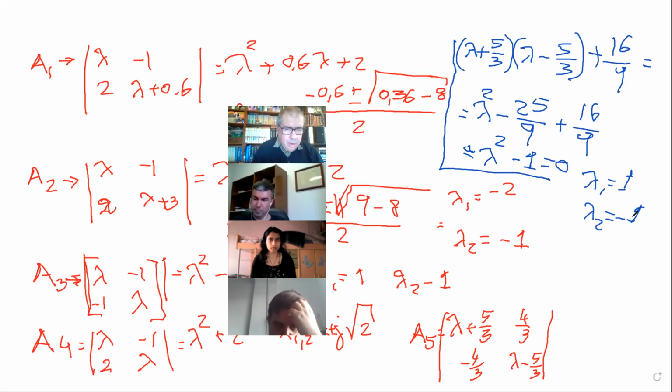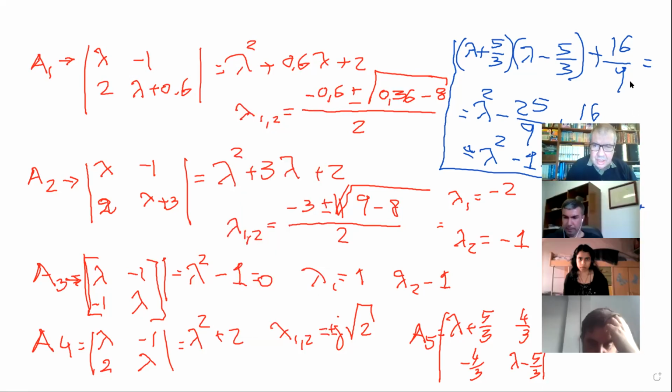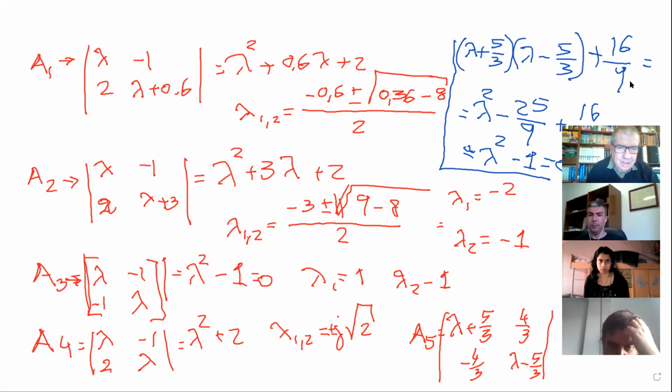Okay, so do you agree with me? So let's start with A1. So this gives you minus 0.3 plus or minus j times the square root of 0.36 minus 8, divided by 2.